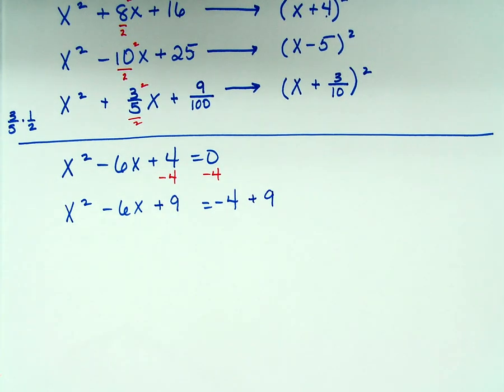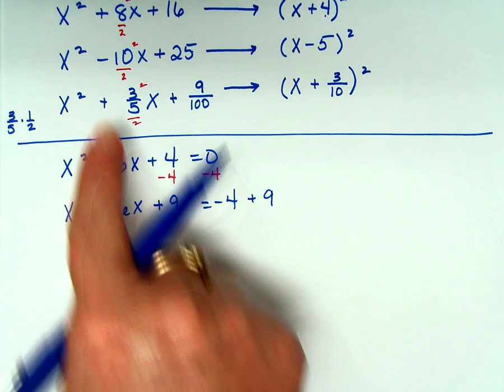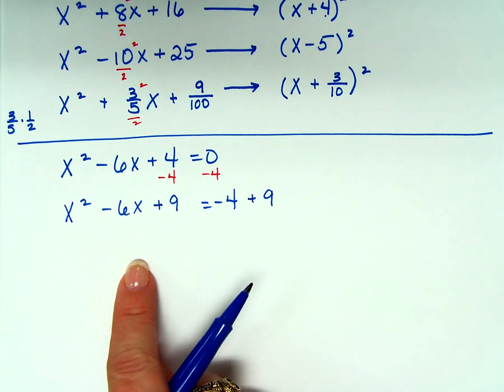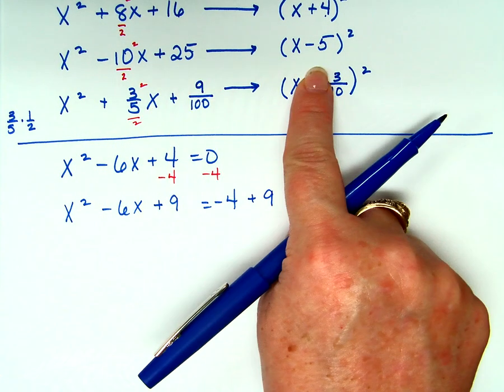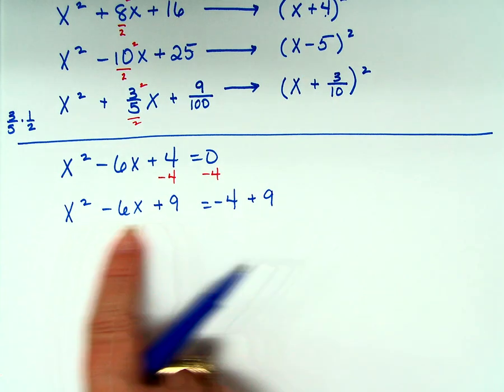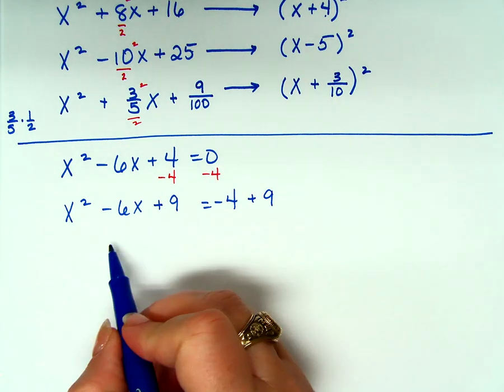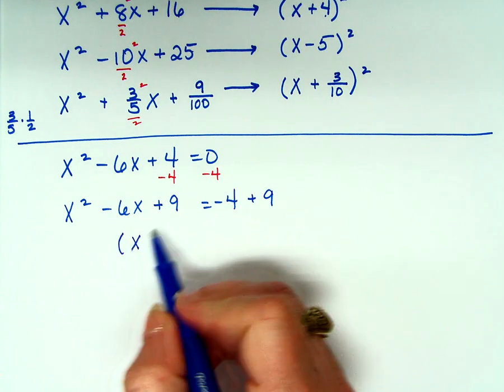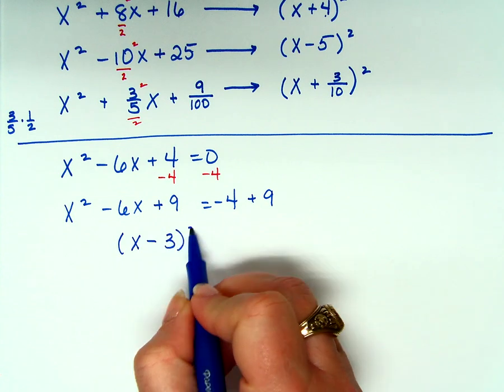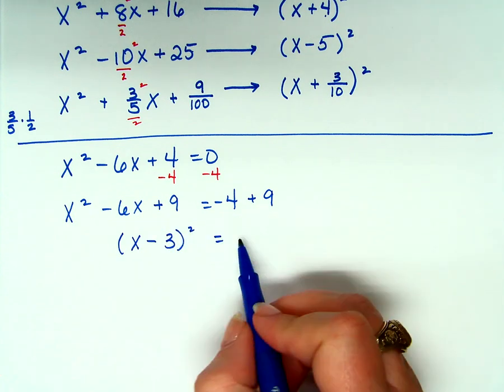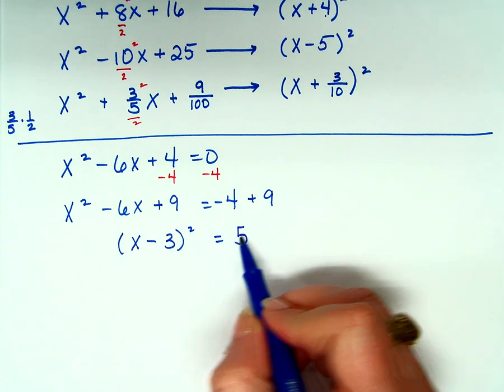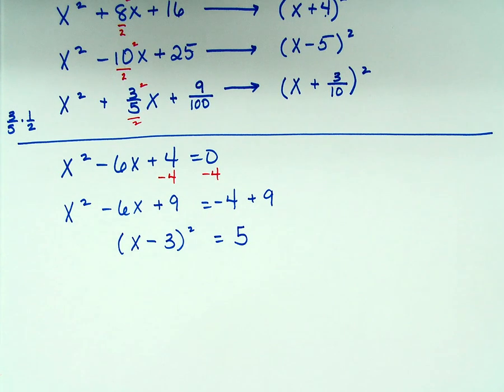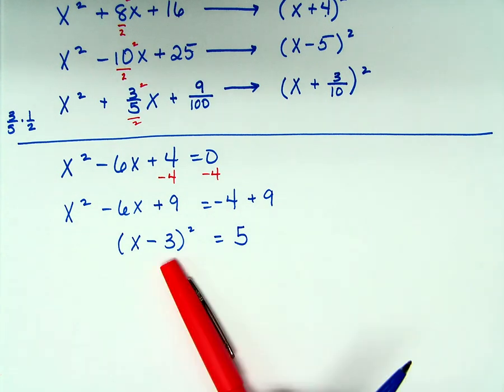Does that make sense? So on the left-hand side of the equation, I have my perfect square trinomial. I need to take it now to its binomial. What is the binomial of this perfect square trinomial? Perfect. Equals what? 5. Good. How do I undo a square?